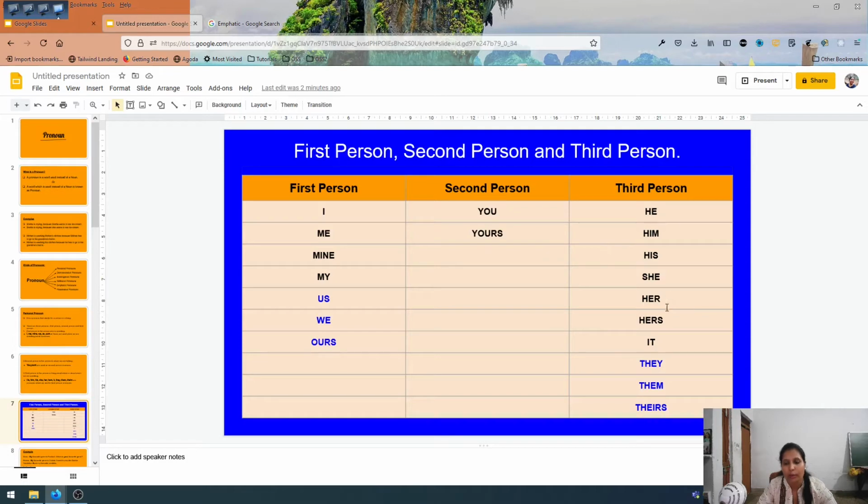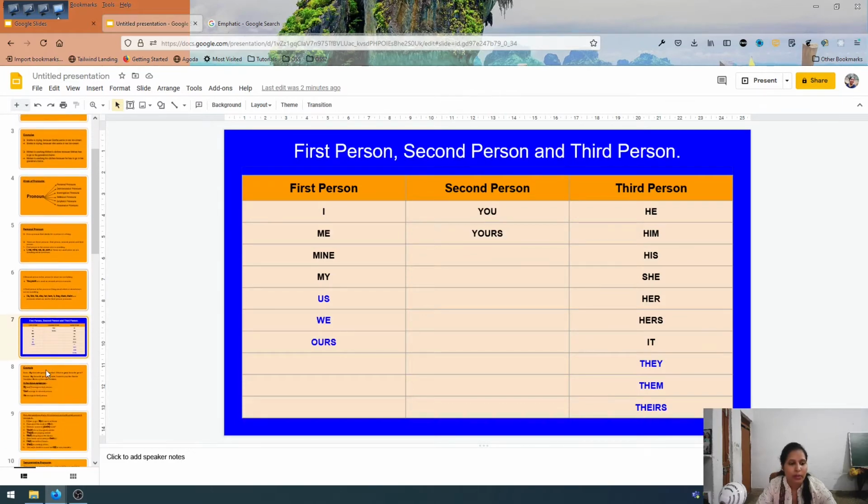These are the pronouns which we use when we are talking about only one person or thing. And we use they, them, theirs when we are talking about more than one person or thing. So all these pronouns are third person pronouns.